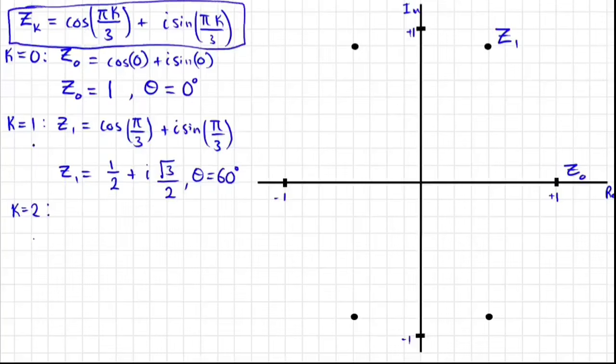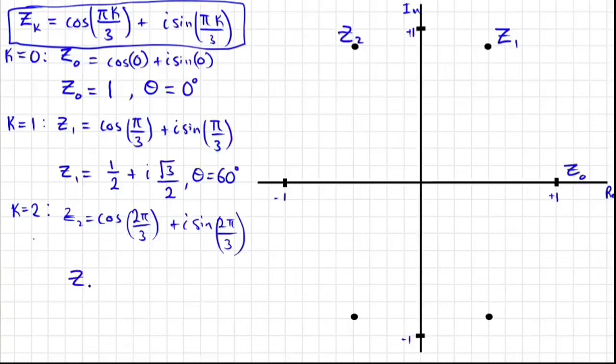So if I replace k with 2, I'll get z2 equals cos 2 pi over 3 plus I sine 2 pi over 3. So the complex number in question is this one right here. This here is our z2.